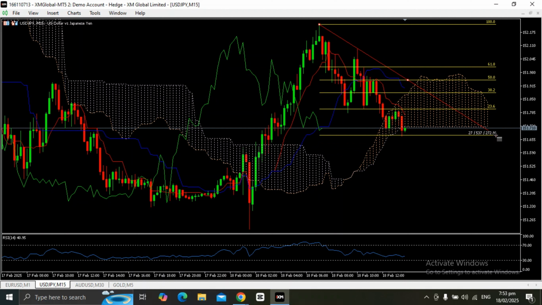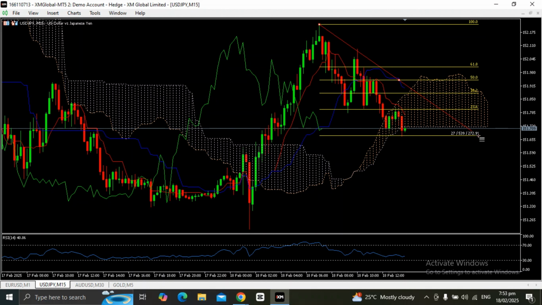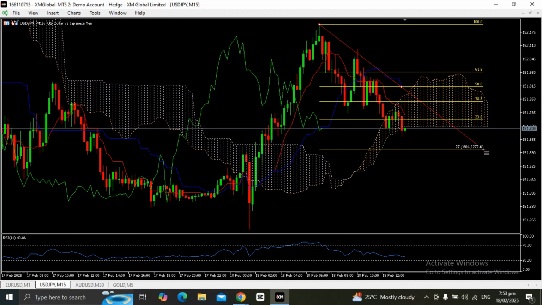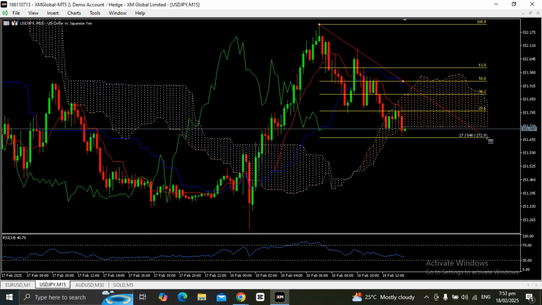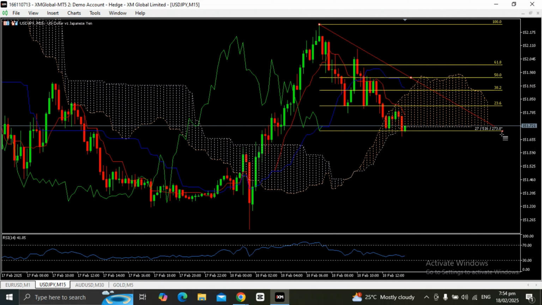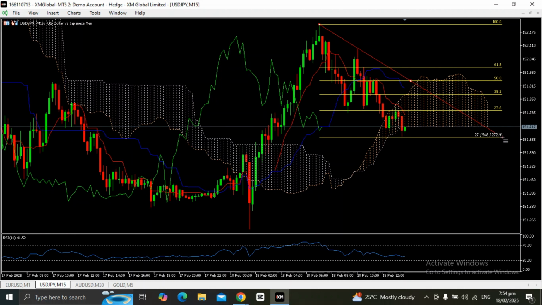Okay, you can put it here or here, depends, but if you know about the Ichimoku cloud, this one here, then you will put the support here. But let's just say we don't know about Ichimoku, so you will have to fit it here.